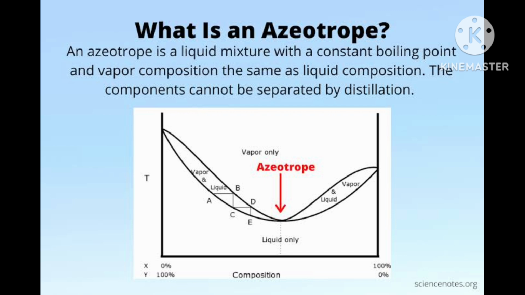Now in case of negative deviation from Raoult's law, what will happen? The intermolecular attractive forces between AA and BB are weaker than those of AB. AB is strong, so the interaction between A and B will be strong and leads to a decrease in vapor pressure.